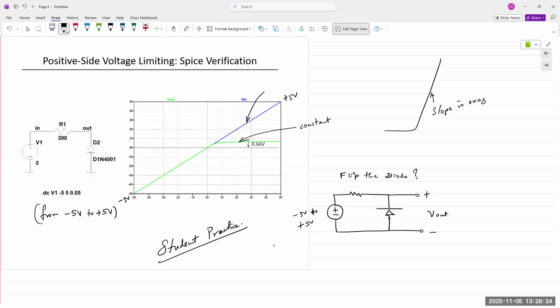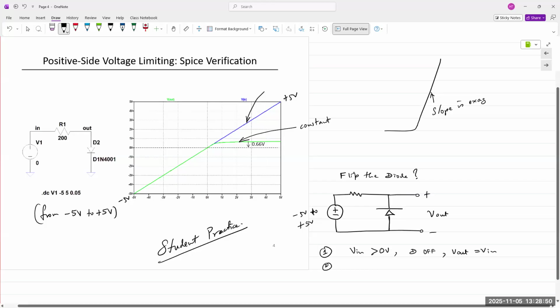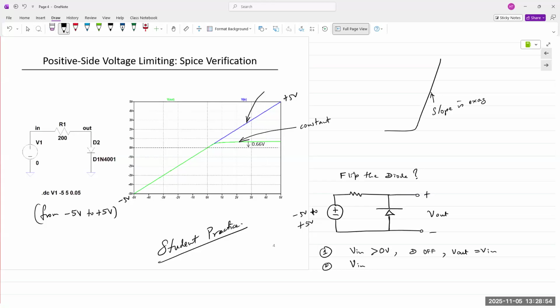So for positive values, meaning V in greater than 0 volts, the diode is off, and V out is equal to V in. And then when V in is less than 0 volts, the diode is on, and so V out is equal to 0 volts. That would be the answer for this.